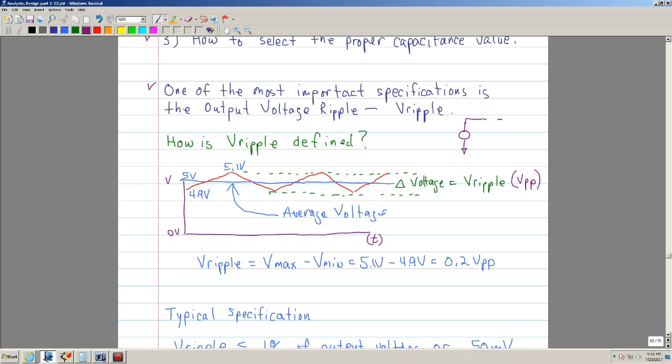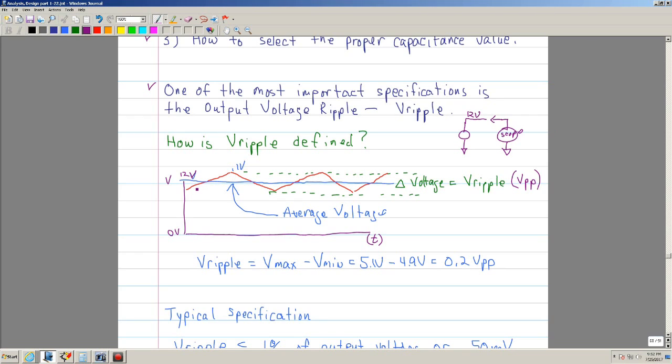If you connect your scope to it, and let's say you have a 12 volt supply, theoretically you should have 12 volts, or at least the average would be 12 volts.